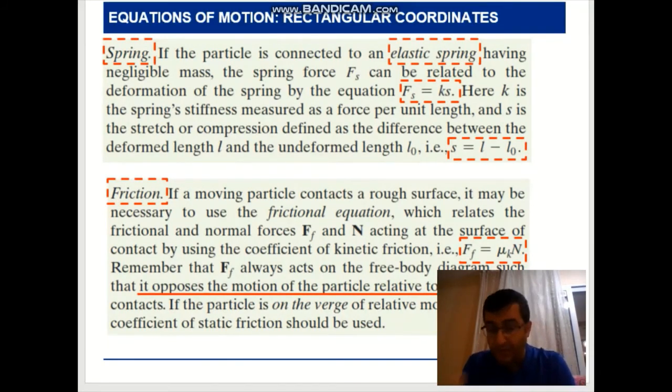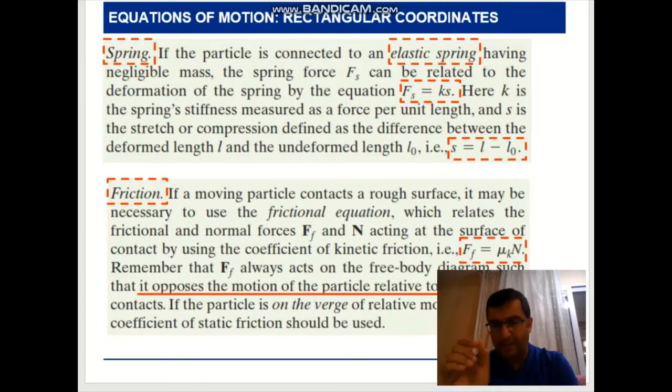Plus this one, if there is a spring in this system, we need to add the spring force equation, which is Fs equals ks, with the spring constant. Instead of ma, we are just going to write ks. Here s is the distance between the unstretched and the stretched length, so the difference before and after force applied.